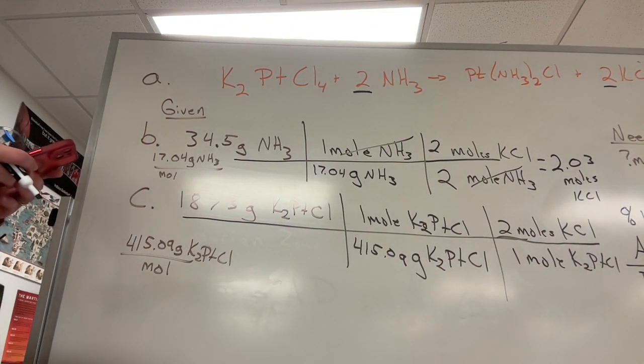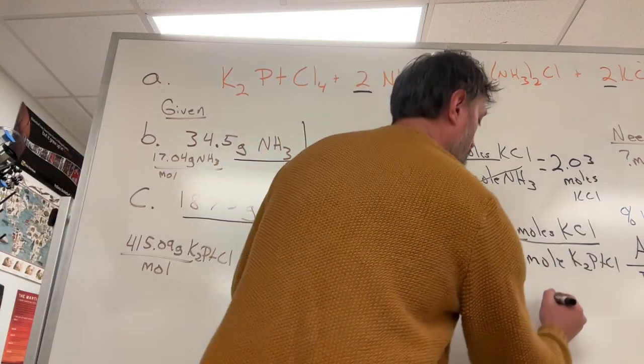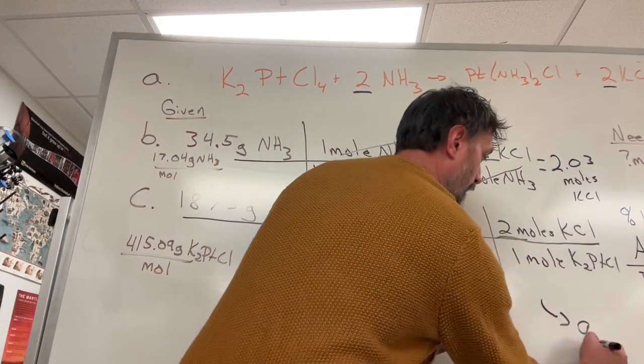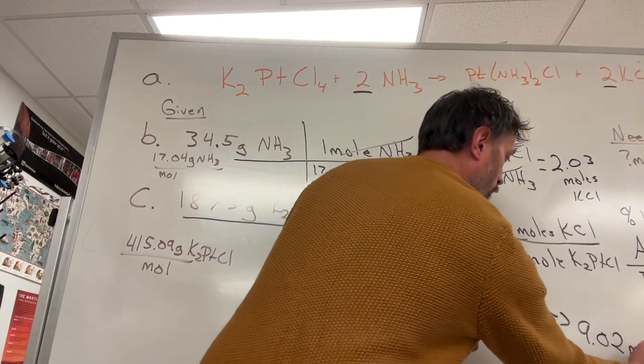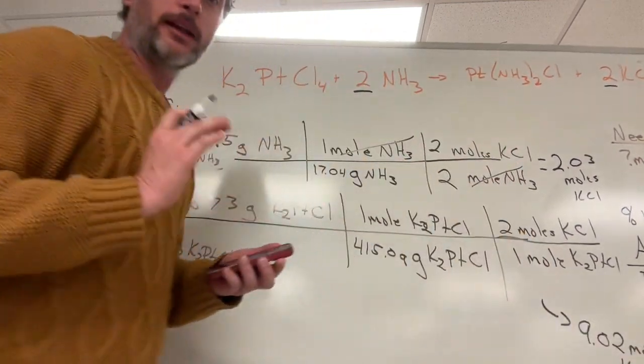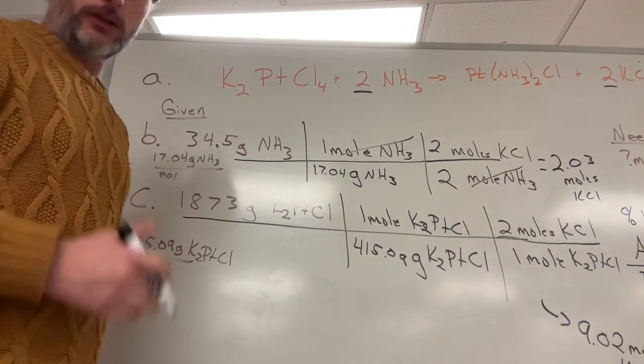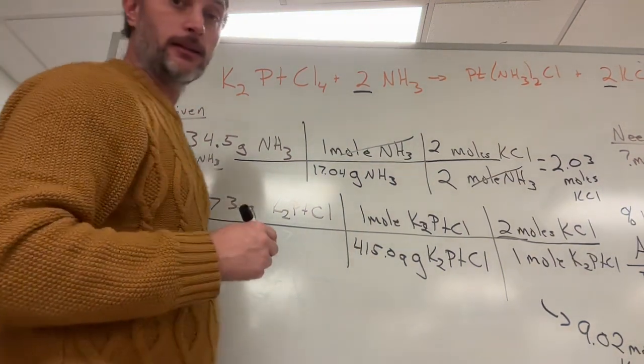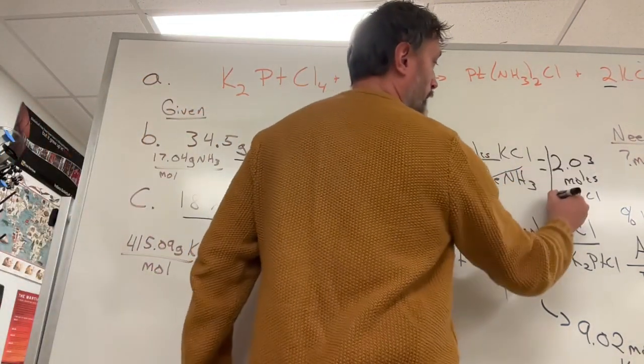Remember, I pull my numbers, moles over moles, I go to the balanced equation for that. Okay, so that tells me I have enough of this stuff to make 9.02 moles of KCl. But again, whatever the lowest number is, that's my theoretical yield.